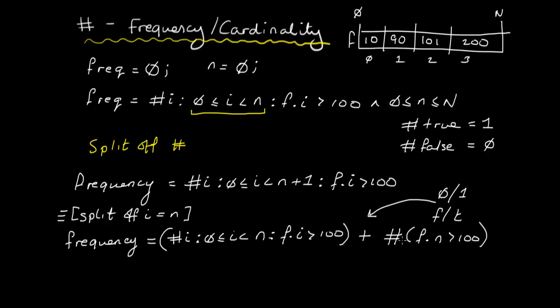Now, of course, the next part of this is a case analysis. The only way you will know whether f.n is greater than 100 is to do a case analysis. You can't leave it like this. This isn't the final answer. You then need to go and do a case analysis on f.n to test to see whether it is greater than 100 and either add on 1 or add on 0.